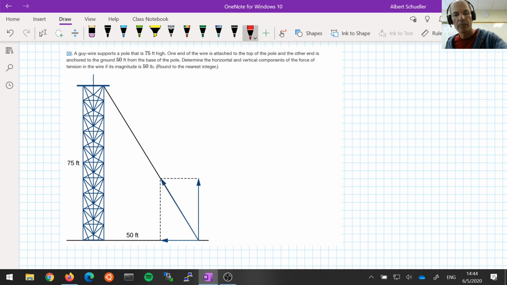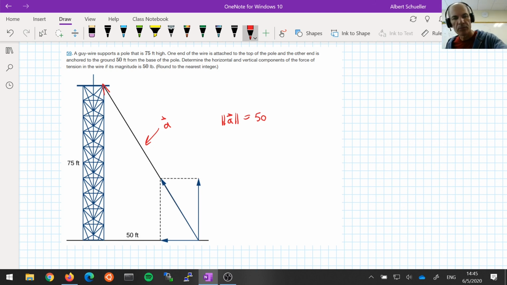So we know the magnitude of this vector right here. Let's call this vector A. The magnitude of A is just 50 pounds. That's the tension in this wire.